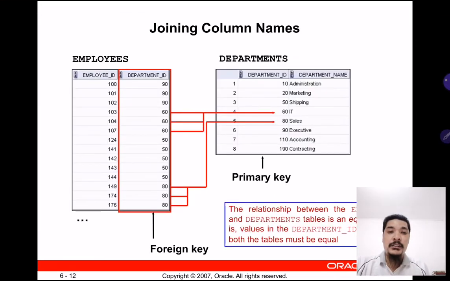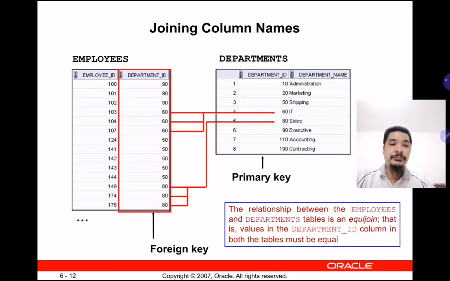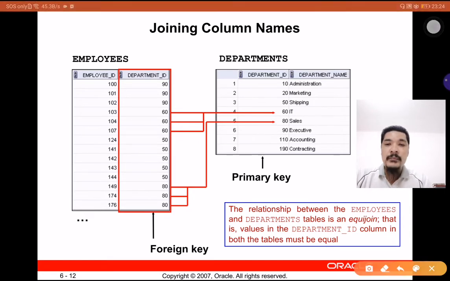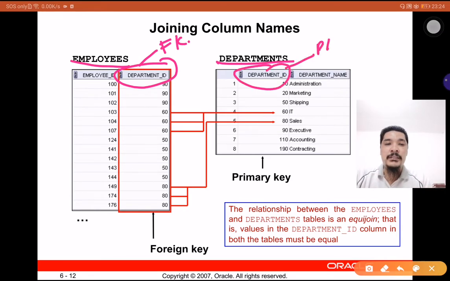Joining column names here. We have a department ID in employees, and we have departments here with a department ID. This is the foreign key, because this is the primary key for this table.